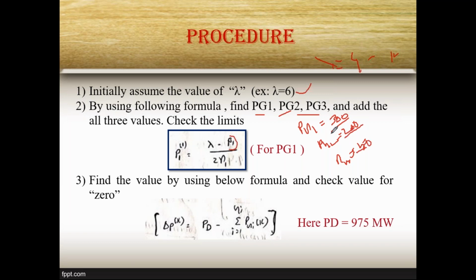Then add these three values, 300 plus 200 plus 150, and subtract the sum from the power demand, 950. 950 minus the sum of PG1, PG2, PG3 should be 0. If it is 0, then your lambda value is correct. If it is not 0, we go to the next step.